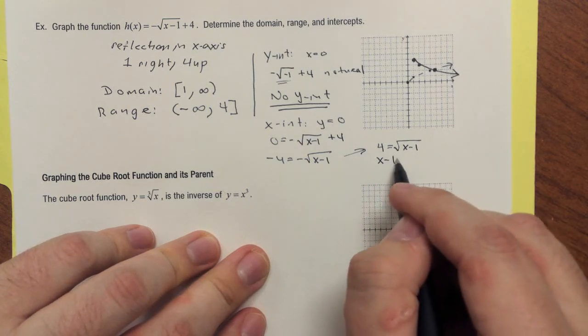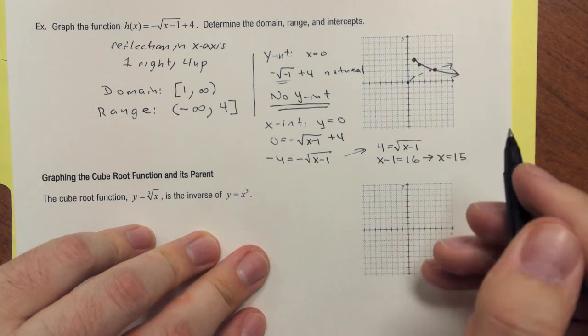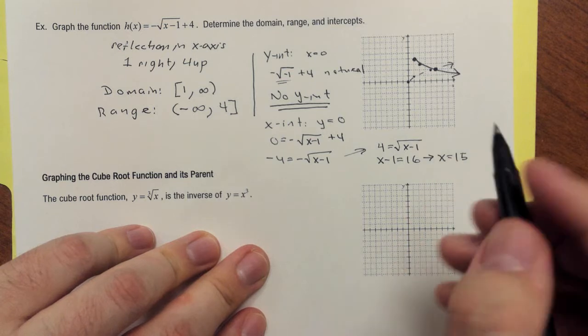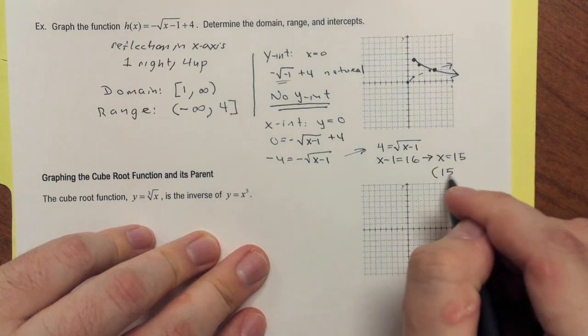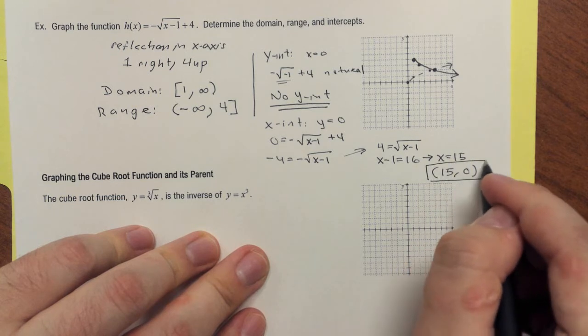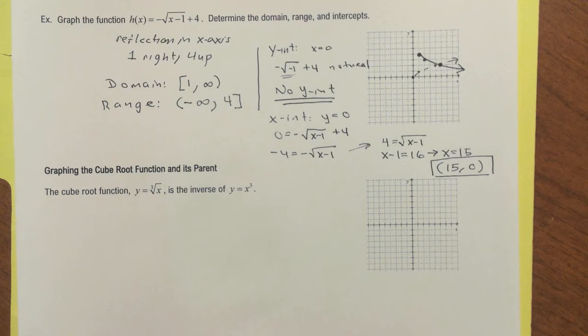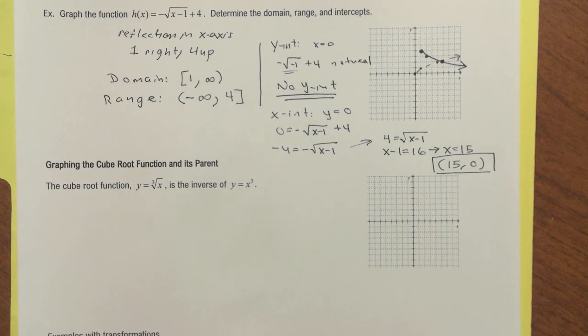Essentially, we're squaring both sides, which will mean that x is 15. And our x-intercept is (15, 0). There will be more on that when we do more solving. Okay.